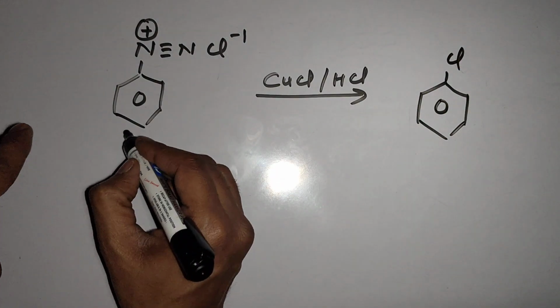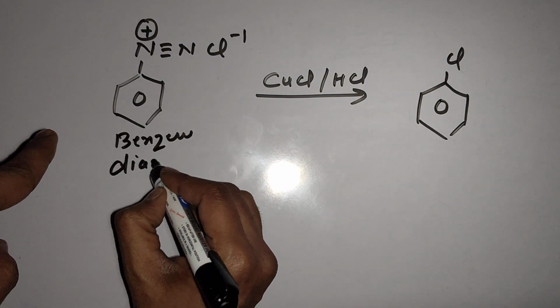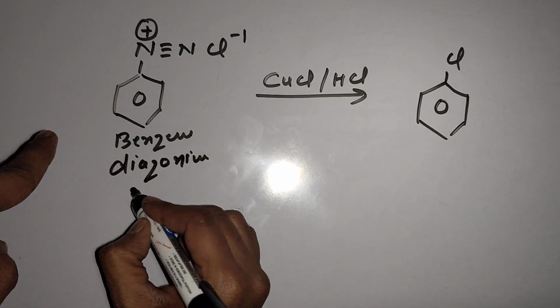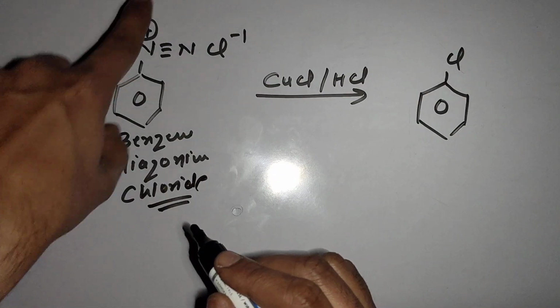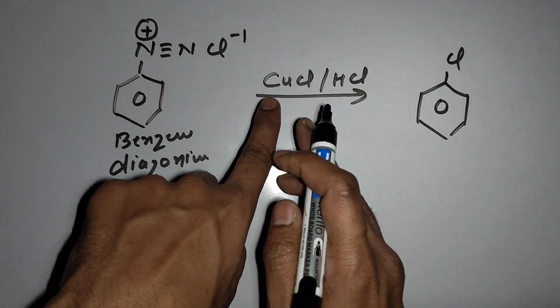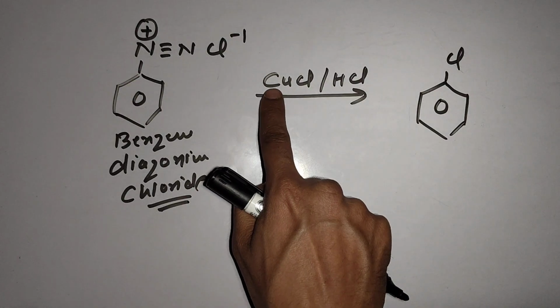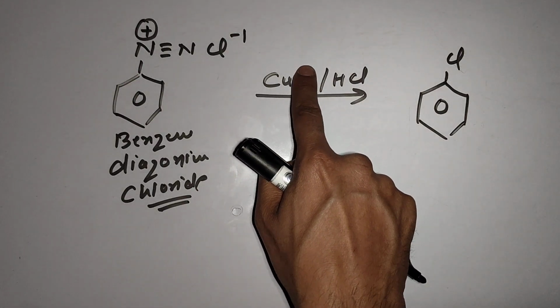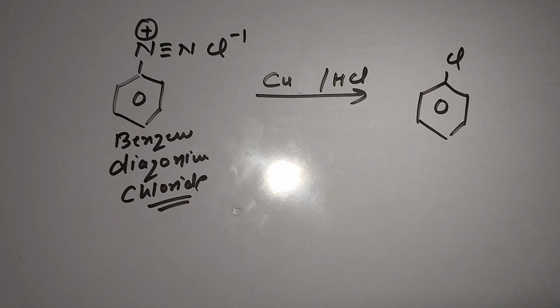This one, benzene diazonium chloride was the starting material, CuCl, HCl. This was Sandmeyer reaction. Now, if in place of CuCl you are just using Cu, copper, the reaction will turn to Gattermann reaction.